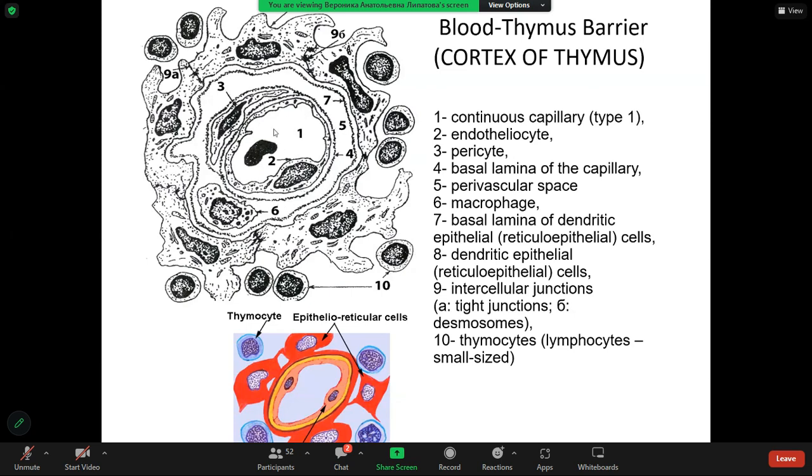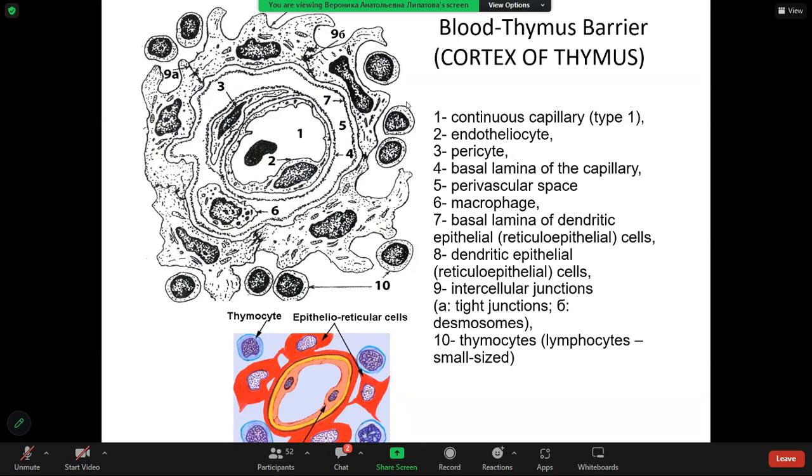If summarized, this is the first type of capillary. After this, the cell enclosed by basal lamina is a pericyte. After this, the space with macrophages in it. After this, the basement membrane of epithelial reticular cells and reticular cells with tight junctions.